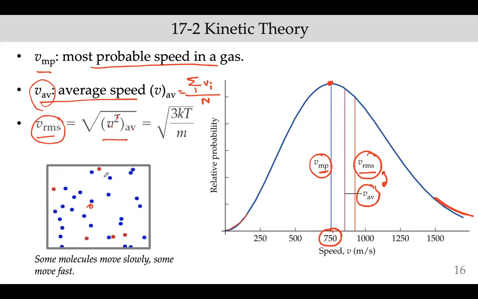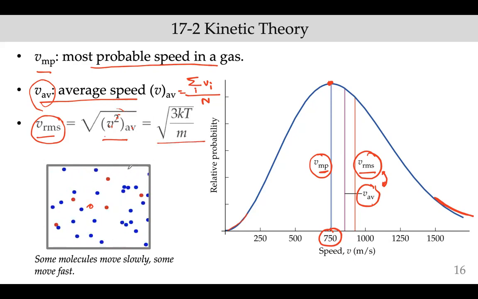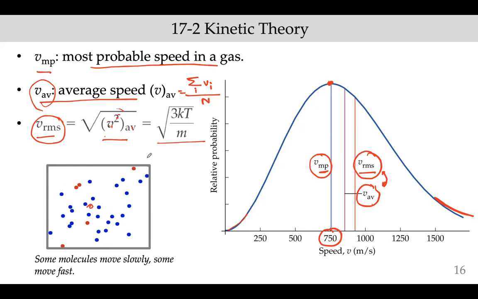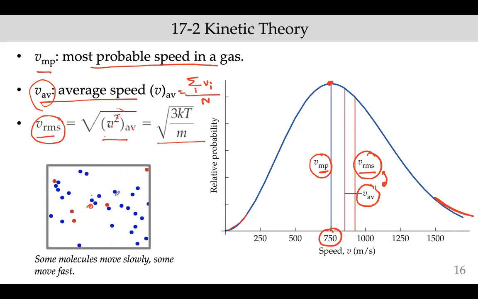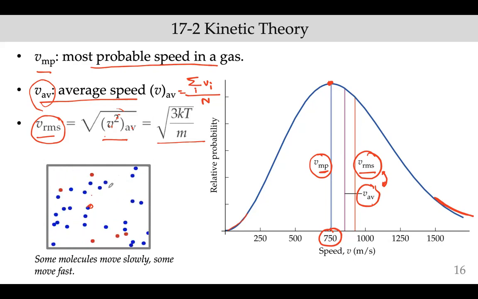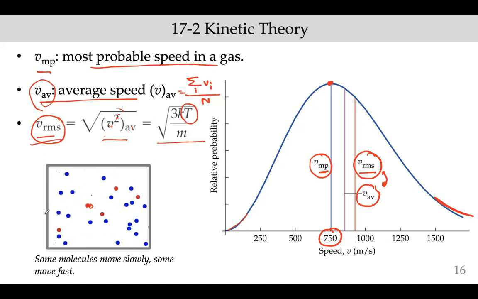Of course, we do not record the speeds of each particle and do this averaging, but we relate this average to the thermodynamic variables. In this case, it's the temperature. So instead of measuring, calculating, or simulating the values of speeds, you can just use the temperature to calculate the average.